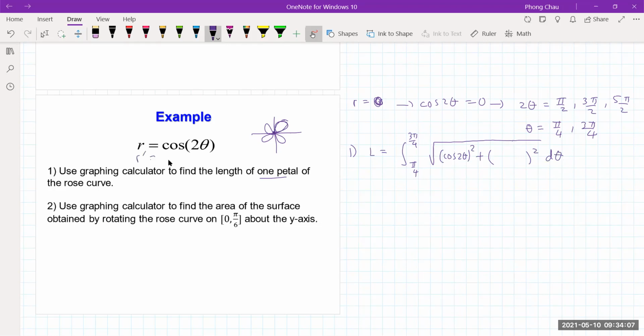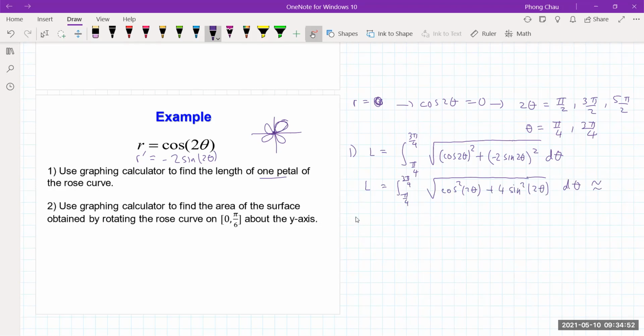The derivative of r is negative sine of 2 theta times 2, so we have negative 2 sine of 2 theta. So that's the setup. I might write one more step: that's really cosine squared 2 theta plus 4 sine squared 2 theta. You don't need to know this step. Basically, you can use a calculator to approximate the answer.